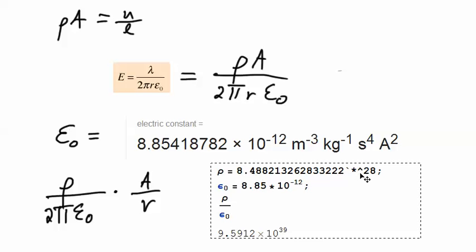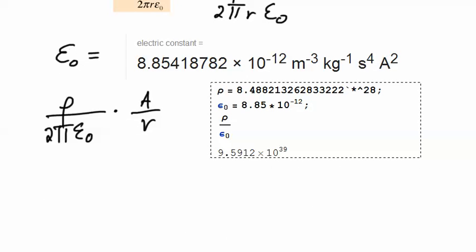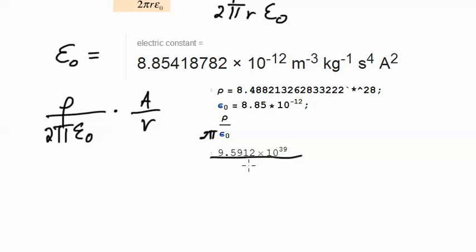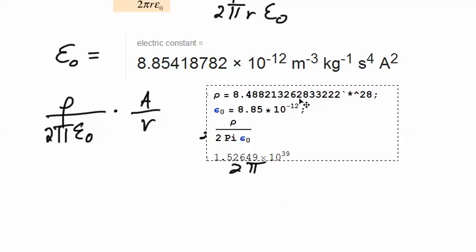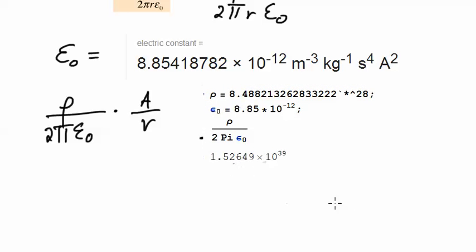So using the density of copper and the permittivity of free space, we can find out that this will come out to about, wait, I wanted a 2 pi in there as well, so let's put that 2 pi in. That comes out to be about 1.52.